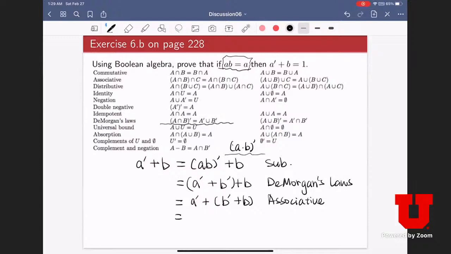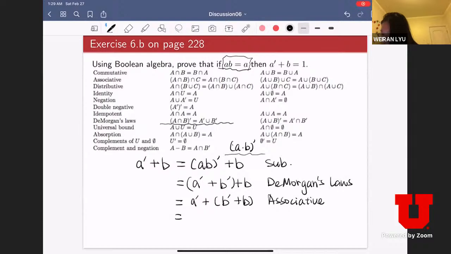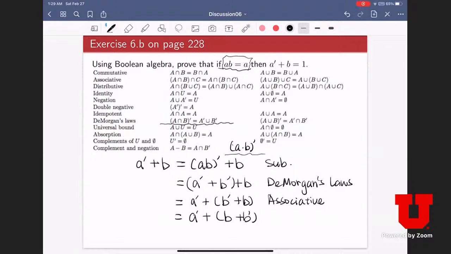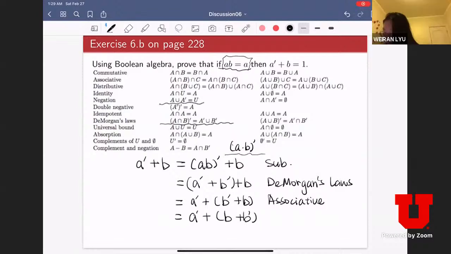Yeah, you could turn that B naught plus B into the universal set. I guess it's not a set, so it's just one. And it would be better if we can apply the commutative first, because we want to match the exact order. That's right.